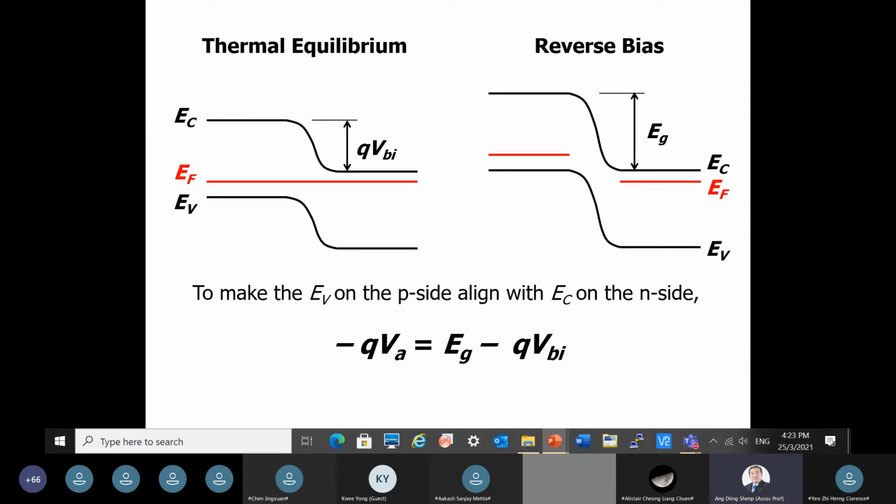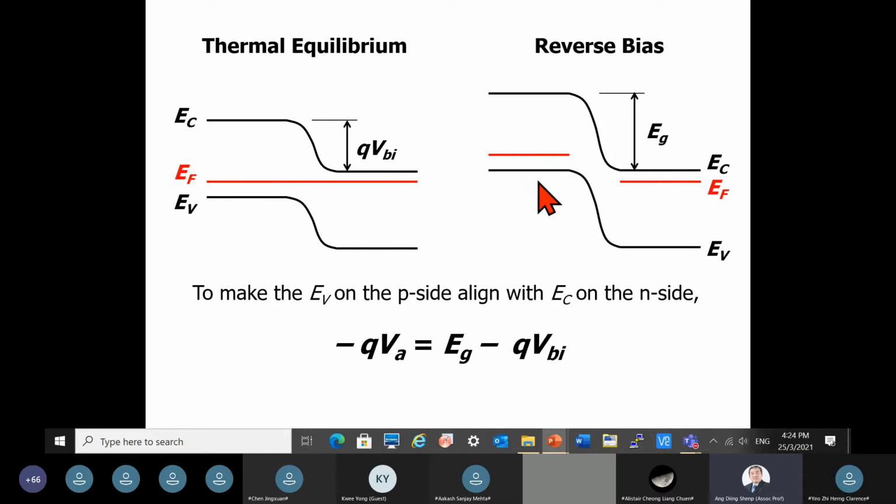Now, essentially, from the discussion just now, you should understand that quantum mechanical tunneling will first happen when the valence band on the P side becomes aligned to the conduction band on the N side. Because beyond this, when a larger reverse bias is applied, the valence band on the P side can be raised above the conduction band EC on the N side.